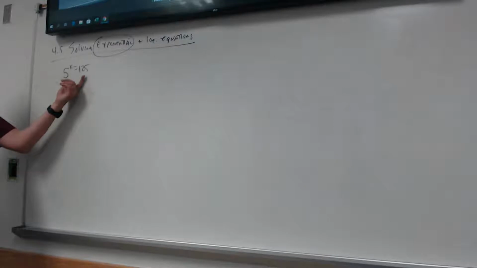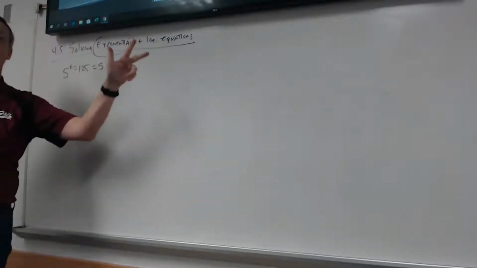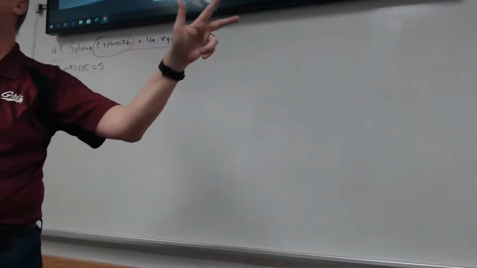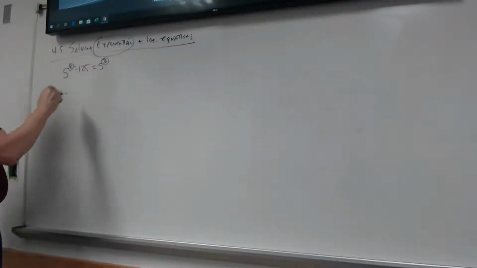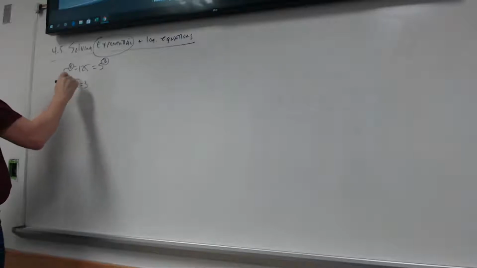Well, we could rewrite this as a base 5, right? So 5 times 5 is 25. 25 times 5 is 125, and how many fives is that? 3. So this is the same thing as 5 to the third. So now I just have to set the exponents equal to each other. So x equals 3. Does that make sense?